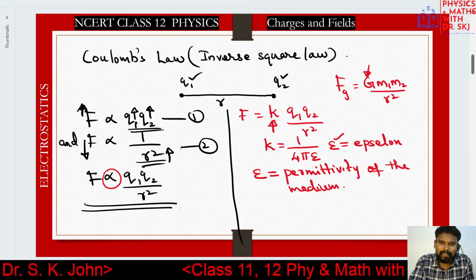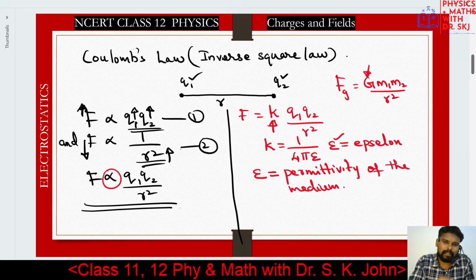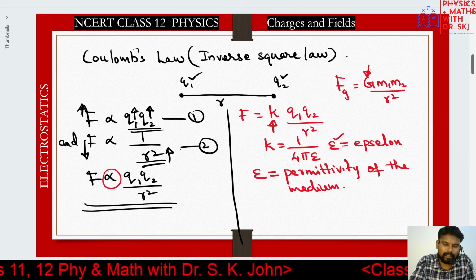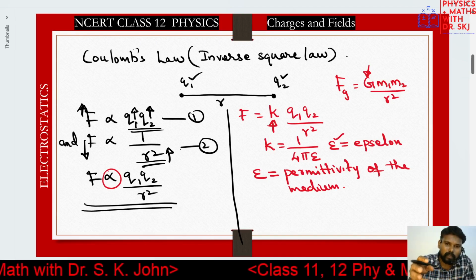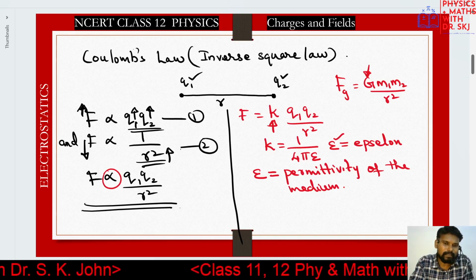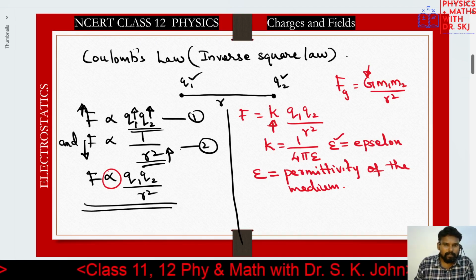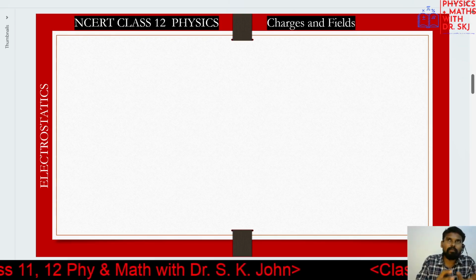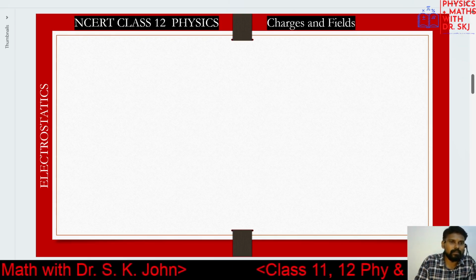Permittivity of the medium means how the force depends on the medium. You can just imagine it like this: the dependence of force on the medium comes through epsilon. So epsilon is such a constant. In common cases our medium is air, because air is around us.